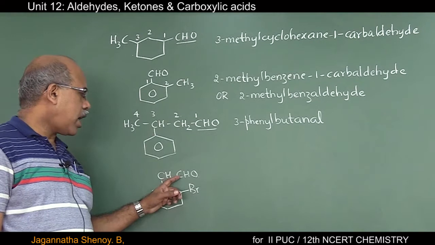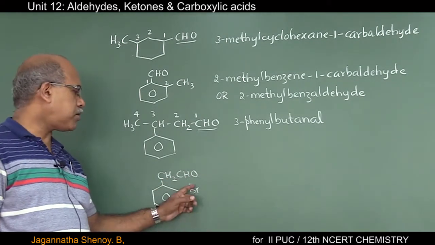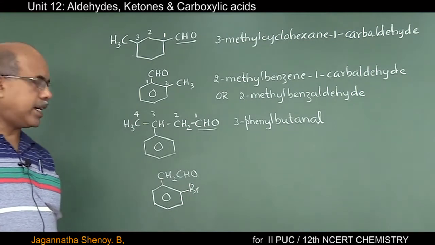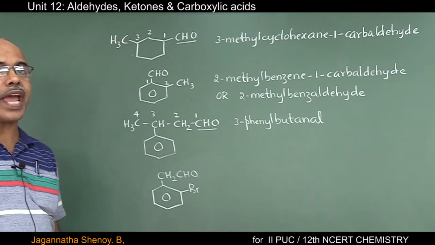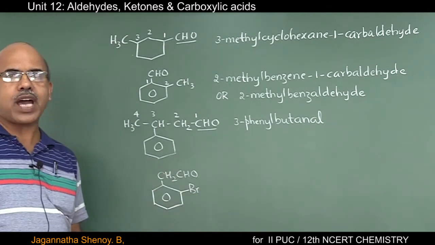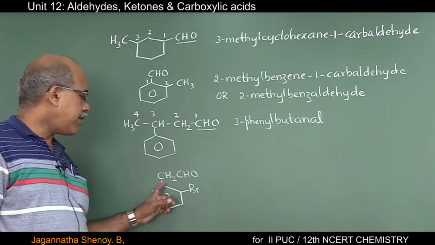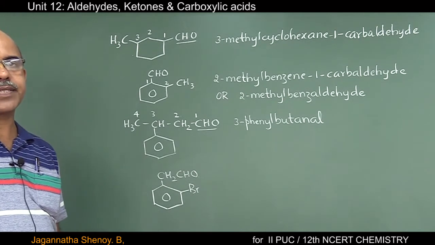And you know that the principal functional group CHO gets priority over the substituent bromo group. That is why CH2CHO should be chosen as the parent hydrocarbon, though it contains only 2 carbon atoms, which is less than the number of carbon atoms present in the benzene ring, that is 6.